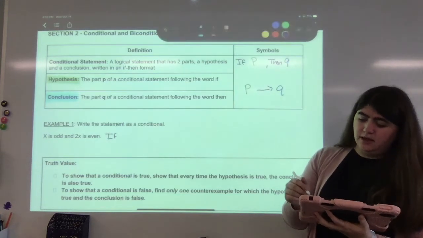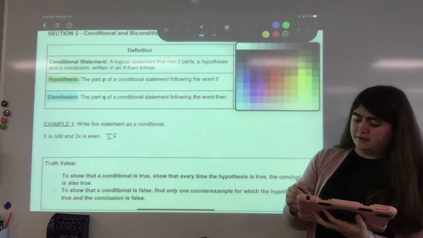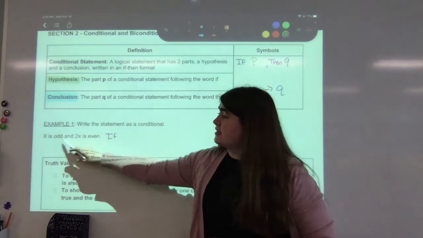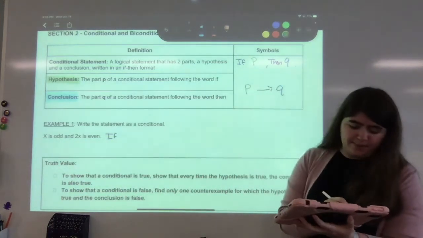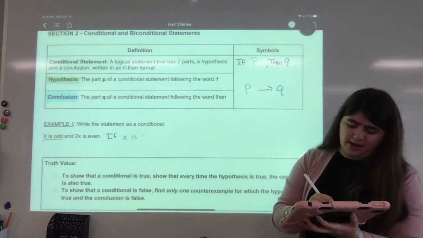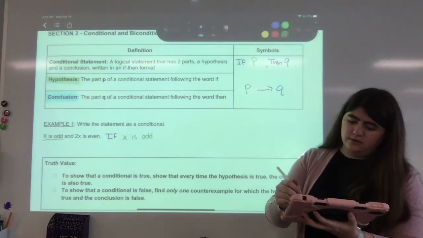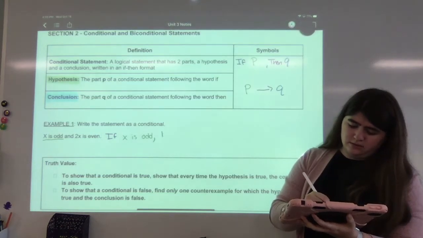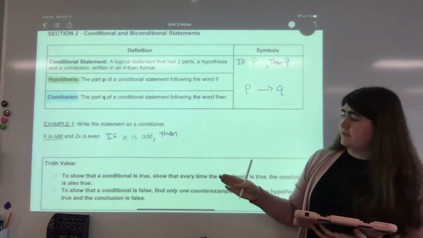If something, if my hypothesis comes first. So if x is odd, so x is odd will be my hypothesis. So if x is odd, then we have our conclusion.